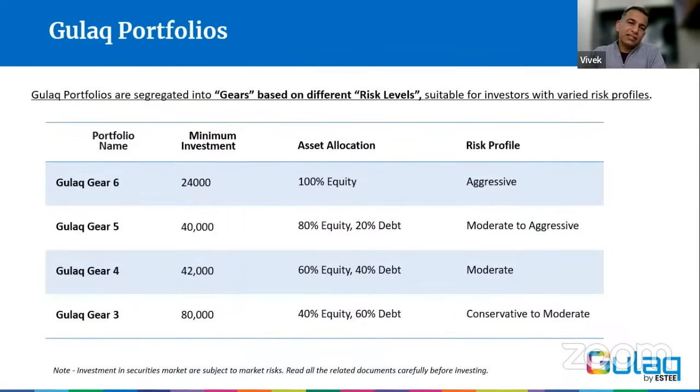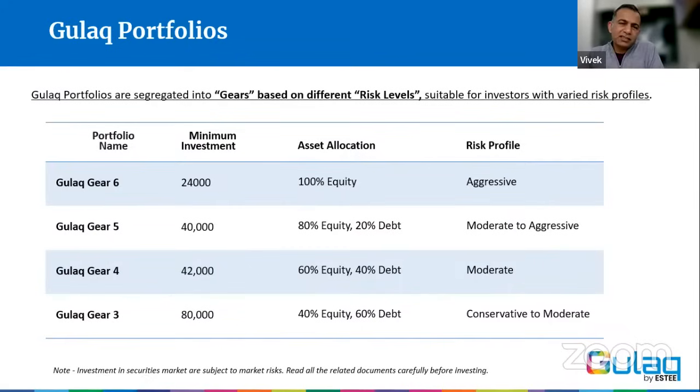So obviously we have Gear 6, which is 100% equity, but then we assume that your debt part is being taken care of by either mutual funds or FDs. Depending on your risk appetite, what we recommend is that Gear 5 or Gear 6 are portfolios for aggressive investors. For moderate investors, it's anything like Gear 4 to 5, and for conservative, it's Gear 3.